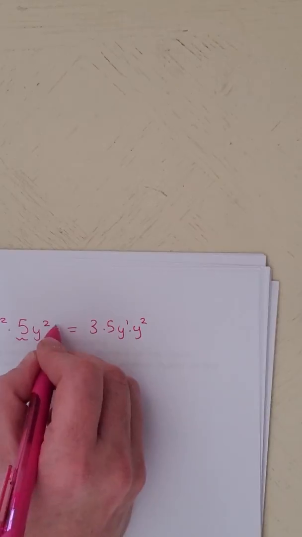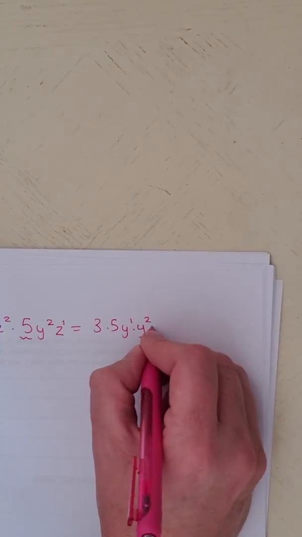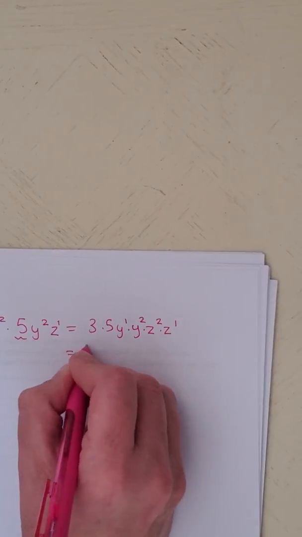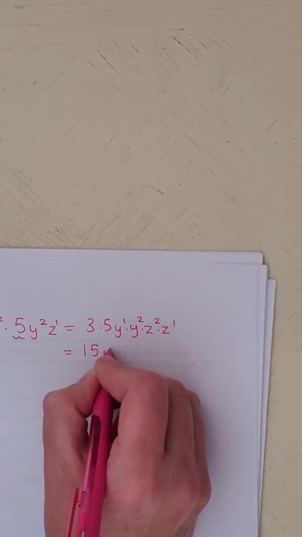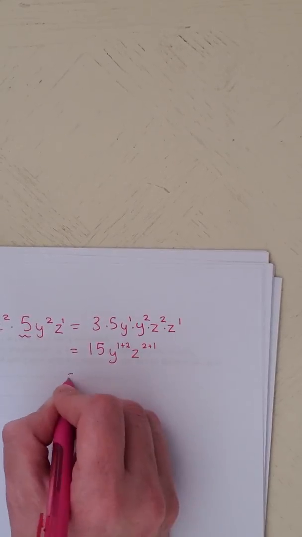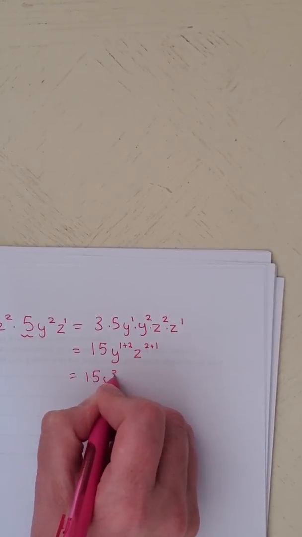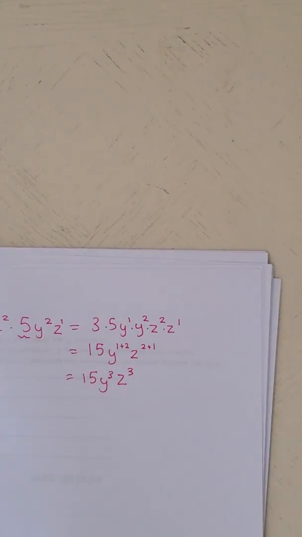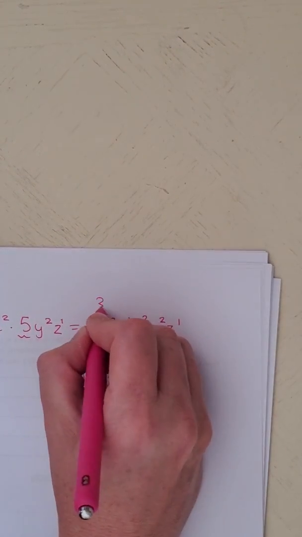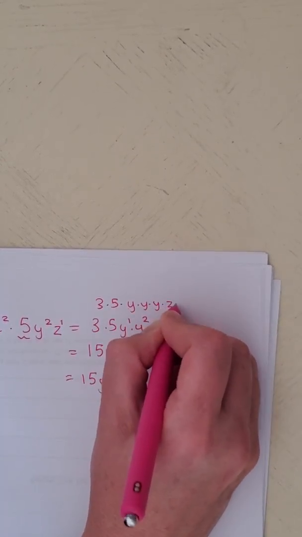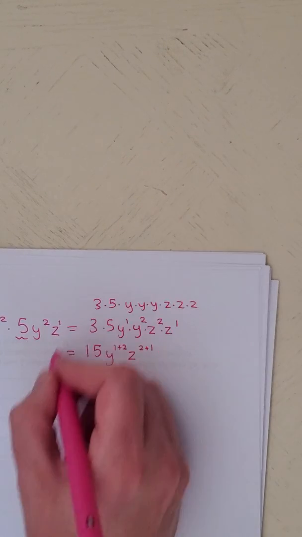And I have z to the 2nd and a z to the 1st. This is 15 y to the 1 plus 2, z to the 2 plus 1, which is 15 y to the 3rd, z to the 3rd. Again, you can, if you want to, expand this whole thing out to reiterate this property.